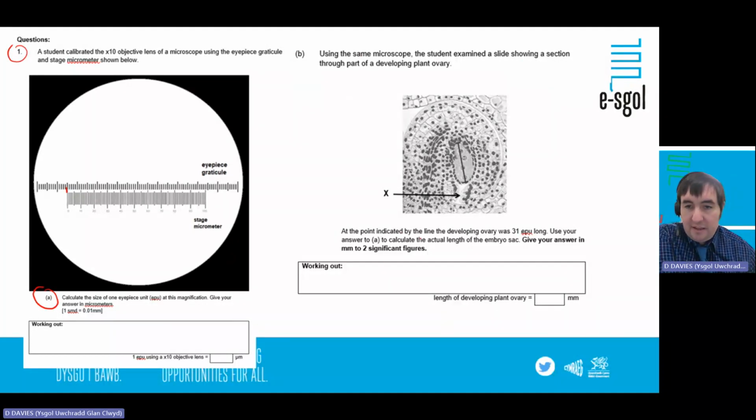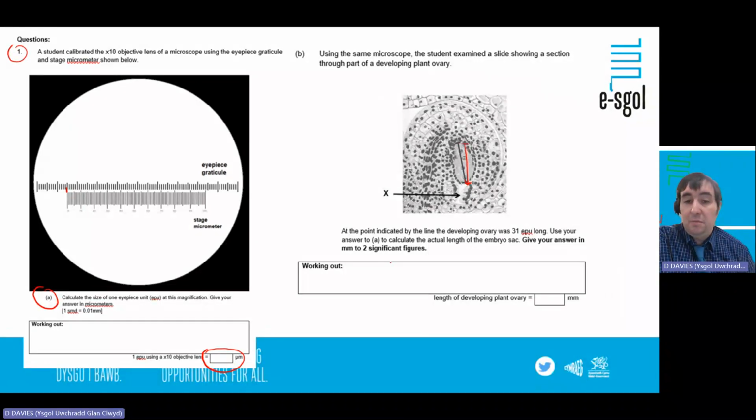At the point indicated by the line, the developing ovary was 31 EPUs, eyepiece units, long. Use your answer to calculate the actual length. So here you have calculated the value of one of those divisions, haven't you? And this line here is 31 of those.